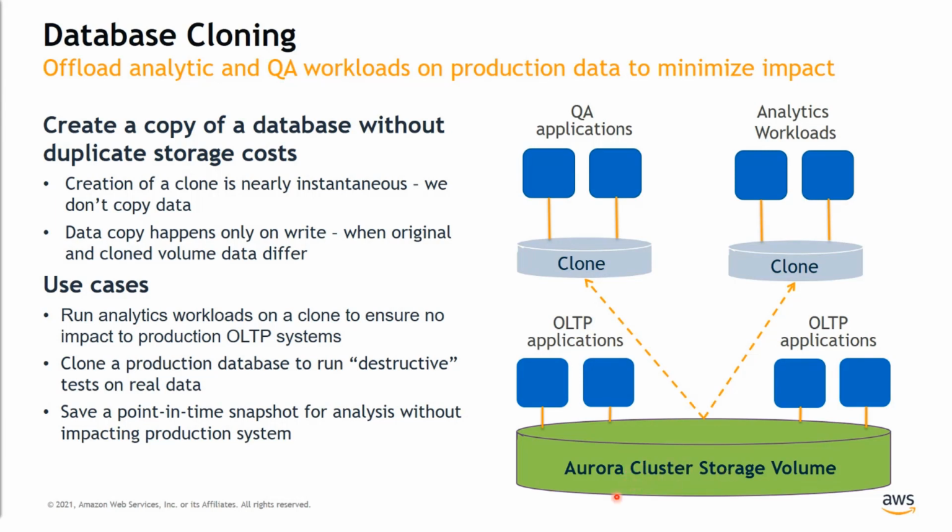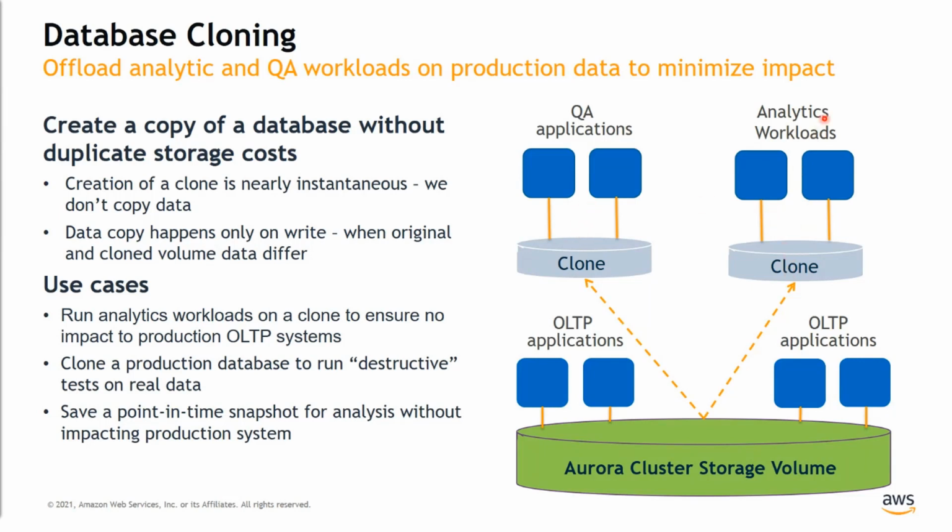So here what you see is we've got the primary Aurora storage volume at the bottom. This is what your production OLTP systems are using. But I can create a clone almost instantaneously and allocate some instances, perhaps for analytics and reporting workloads, perhaps for QA applications that want to run directly against production data.